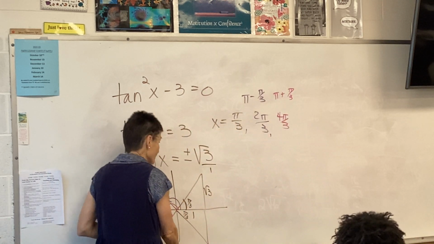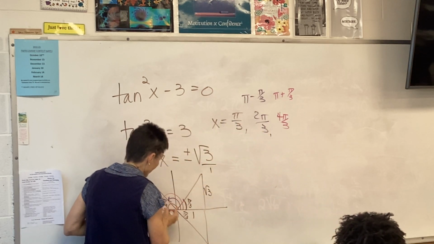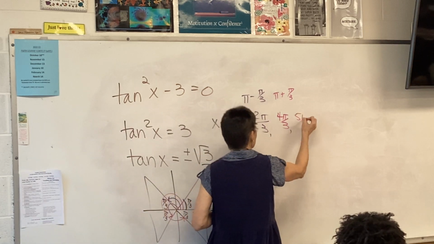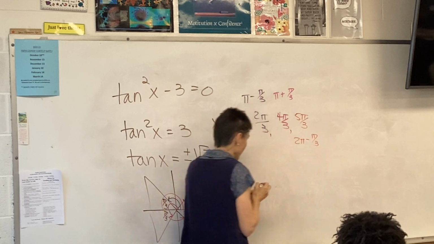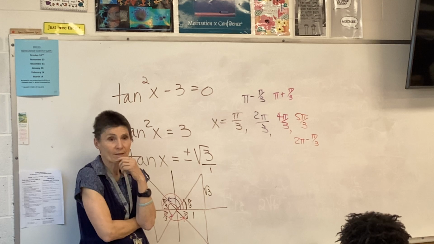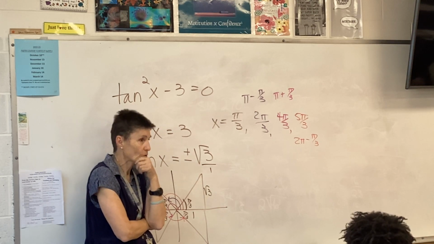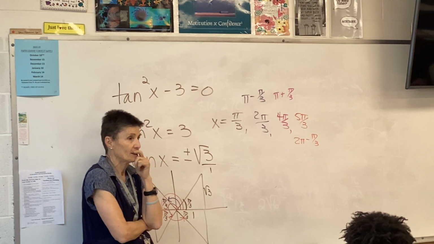And then I have the last one, which is all the way around to here, 5 pi over 3, which is 2 pi minus pi over 3. Now, you guys can do that. It is not tricky or hard. You can do it. I have complete confidence.